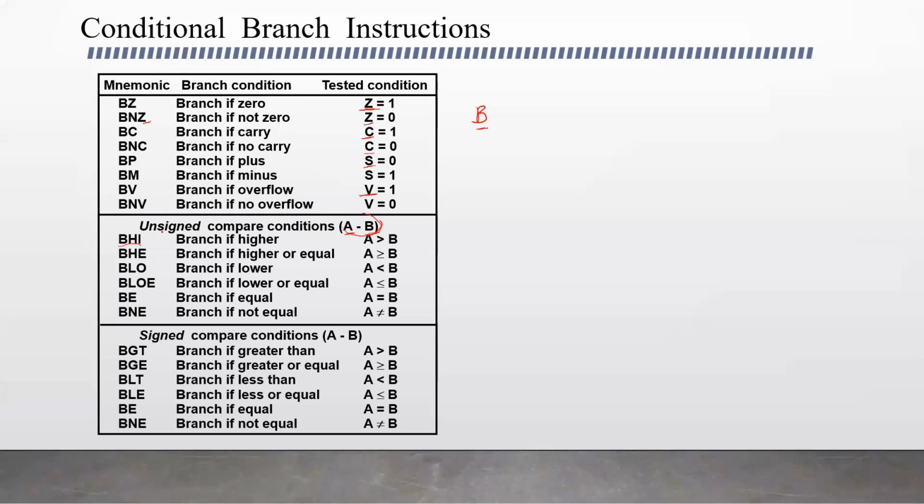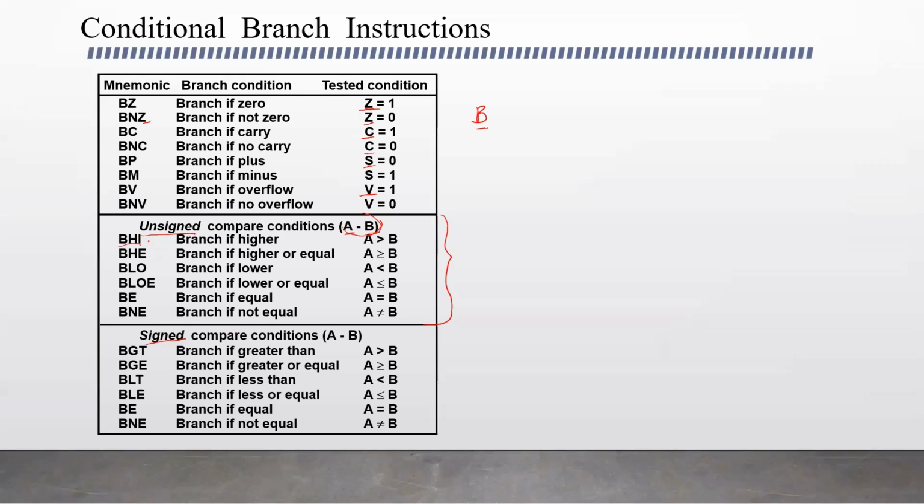This is for unsigned numbers. The mnemonics are different for signed numbers and unsigned numbers when comparing A and B. So this particular part of the table shows the compare conditions for unsigned numbers, and the second part shows the signed compare conditions.